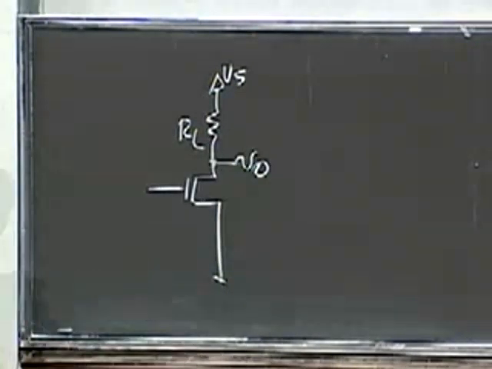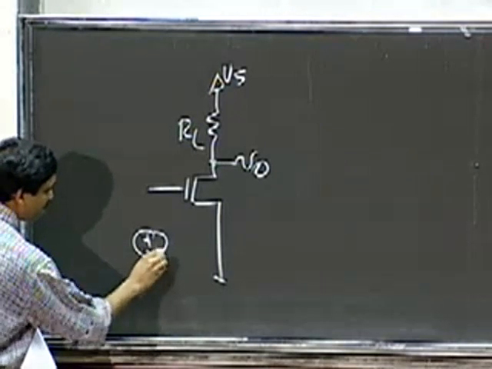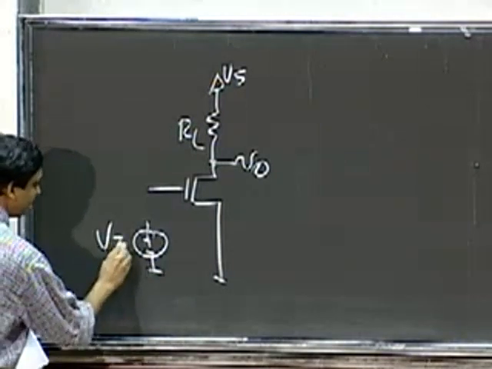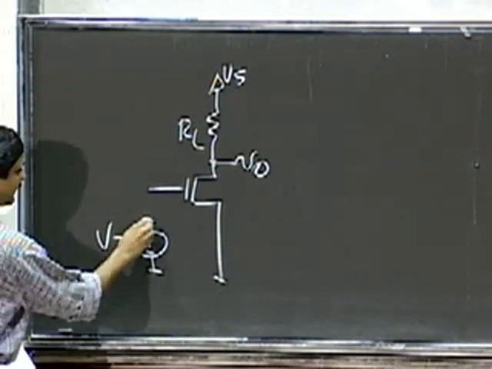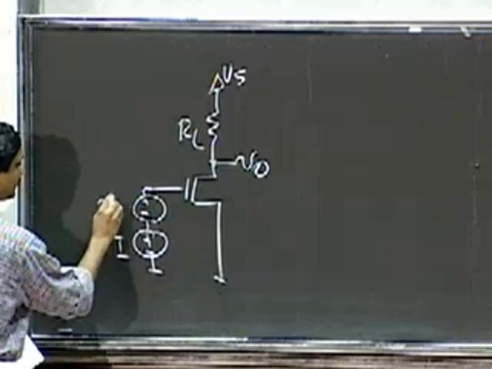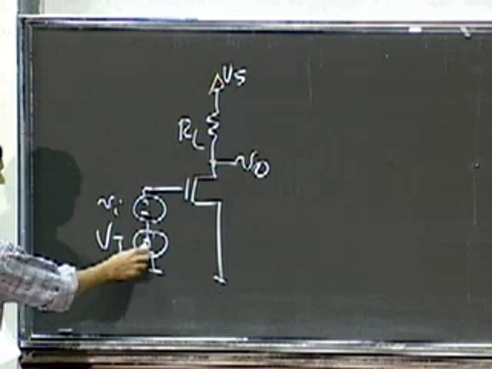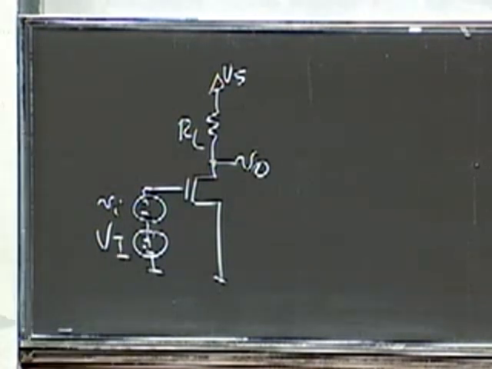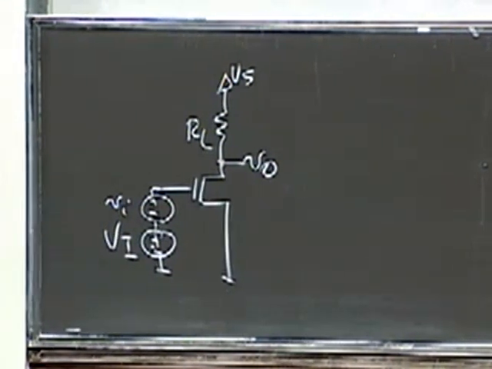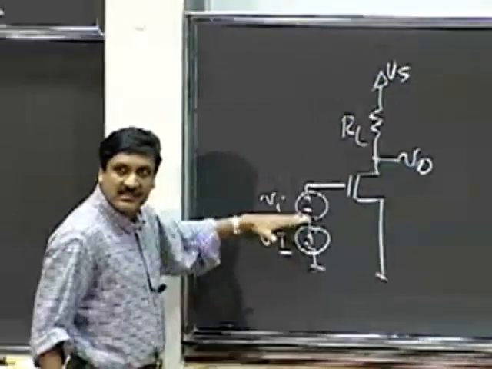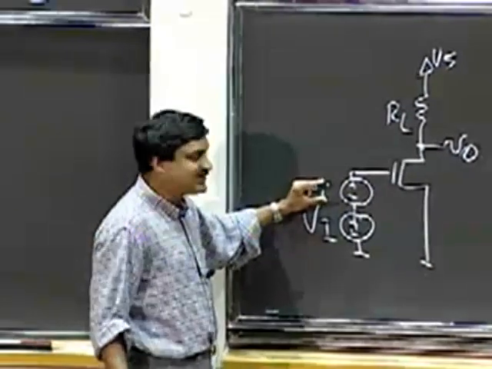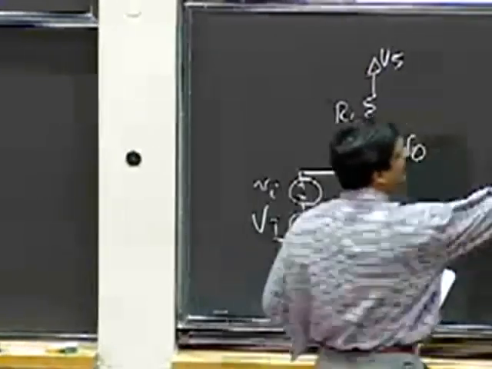Okay, the way I get a bias is I apply some DC voltage VI and superimpose on top of that my small signal, small vi. This is my DC bias that has boosted up the signal to an interesting value. And because of that, by varying vi as a small signal with a very small amplitude, I'm going to get a linear response here.